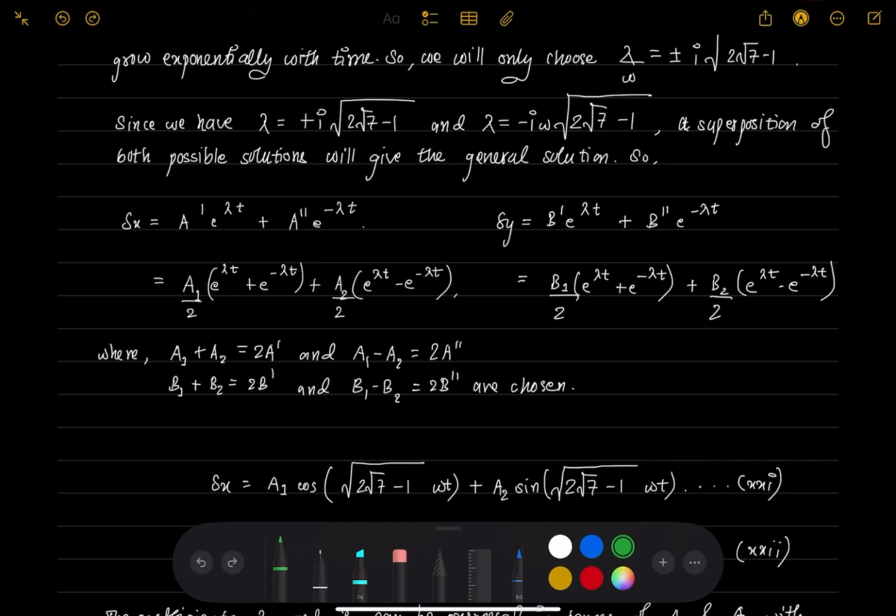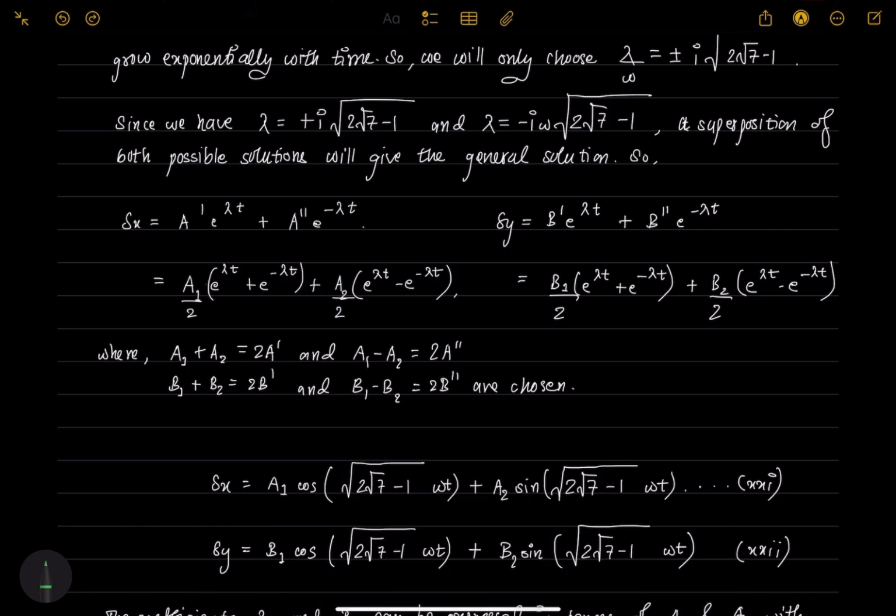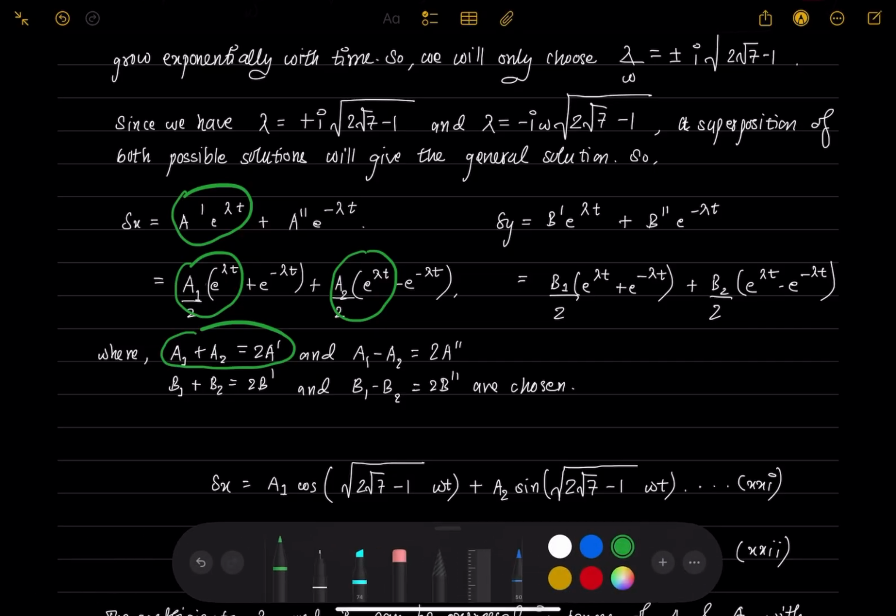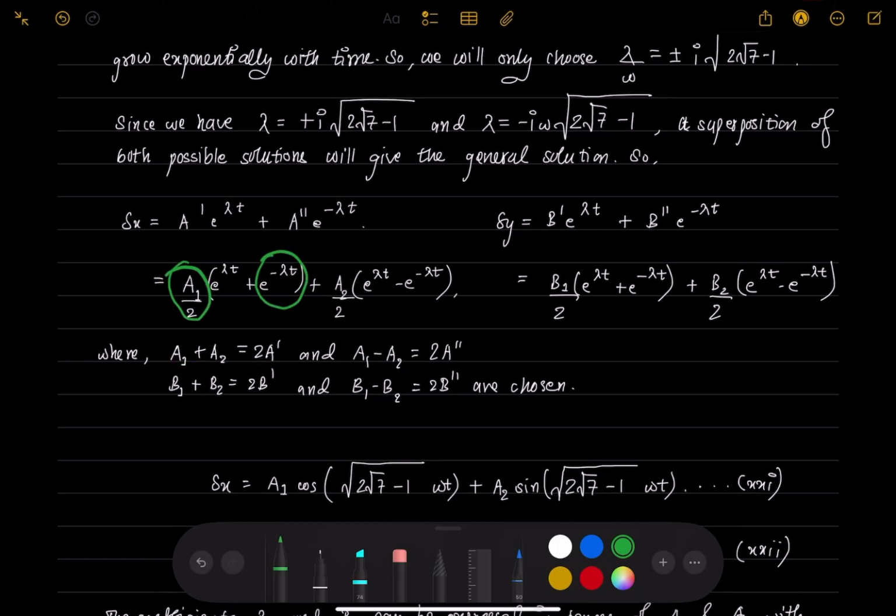So we have to choose a1 and a2 deliberately, such that a1 plus a2 is 2 times a dash, because the plus lambda terms have to equate to this. And a1 minus a2, that is a1 with the positive lambda term and a2 with the negative lambda term, have to equal a double dash, right?